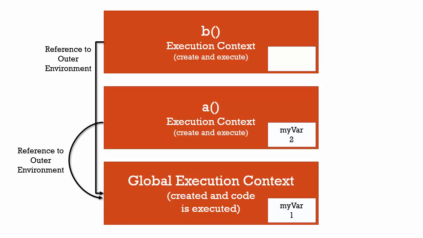And so is A's. In JavaScript, when I asked for myvar inside that B execution context, it couldn't find it. And so it went down and found it in the global execution context.